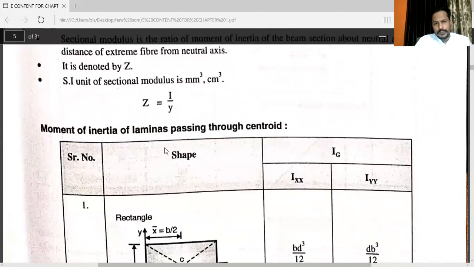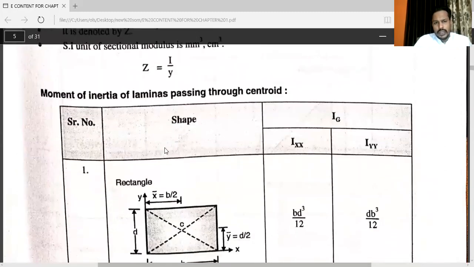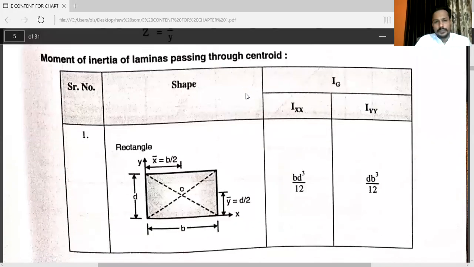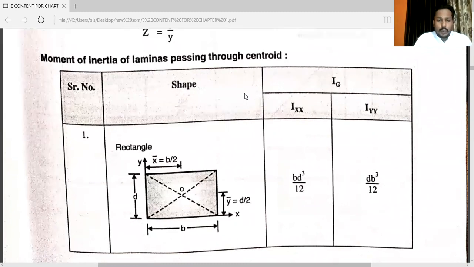But here we are taking the moment of inertia of laminas passing through the centroid. You have to draw all these diagrams; that is very important. You have to refer to the E content also. In the video, it is very difficult to give that much time to write down.